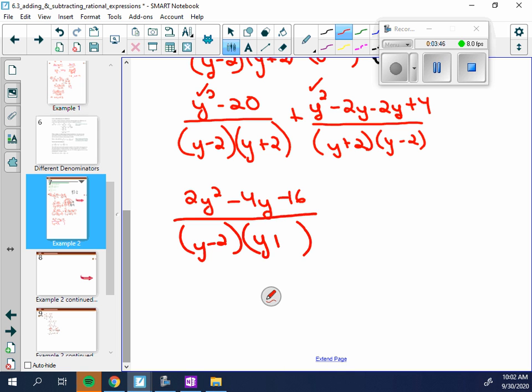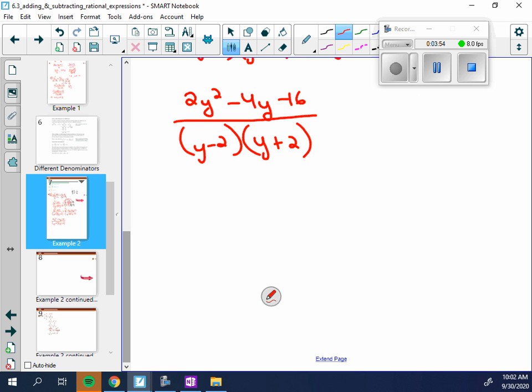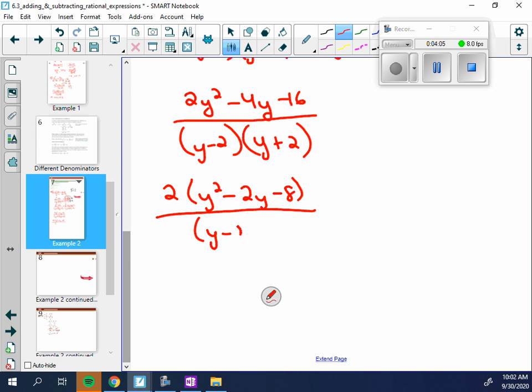And now I can refactor my numerator to see if it will simplify. Okay? First thing I notice about this one is that it's got a greatest common factor right away. What's the greatest common factor of that one? 2. Good. So I'm going to pull out a 2. I'd have y squared minus 2y minus 8 over top of those common denominators I had.